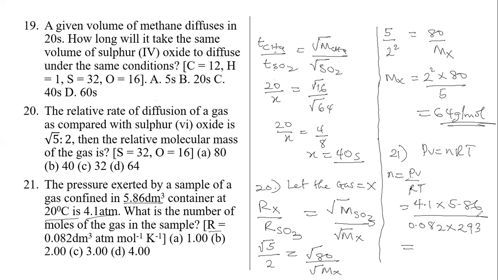And so if you press your calculator, that's going to give you 1.0 mole. So that's why option A will be the correct answer. So that is very simple, very simple.